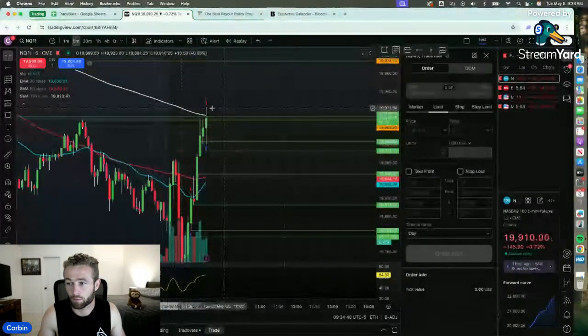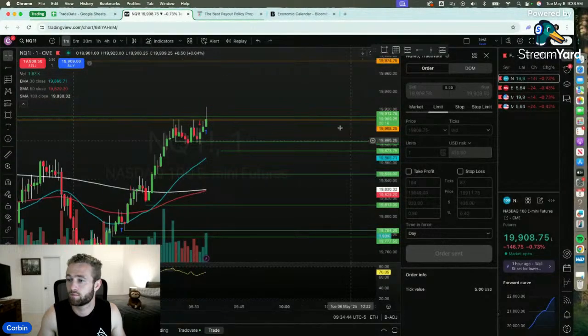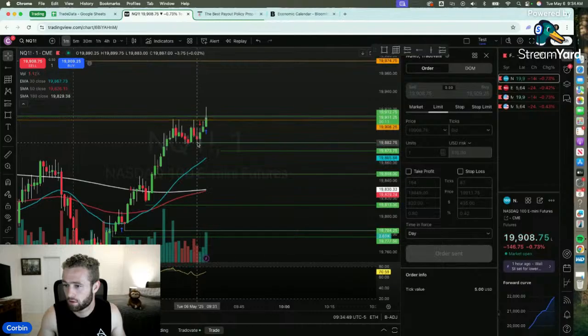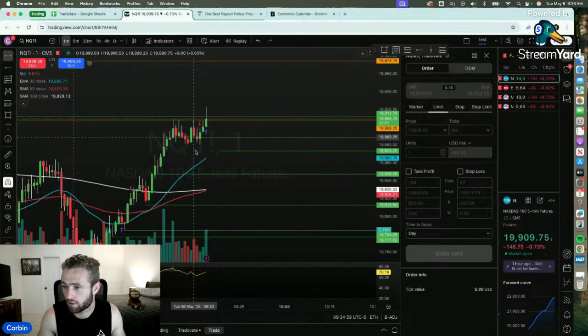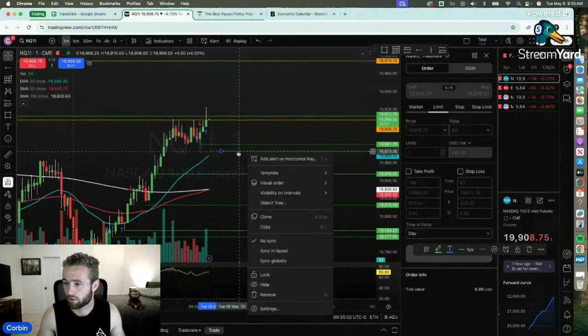I want to see if we hold above this or if we get rejected. On the 1 day, 1 minute chart, we need to have a break and hold. I need this magnet so it's on where it's supposed to be. We need a break and hold below this level. I don't know why this is here.